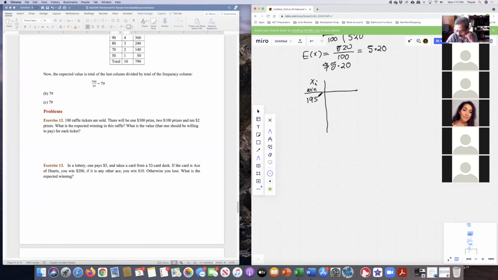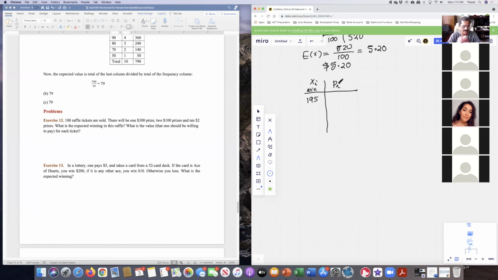So here's an example of probabilities. Okay, can somebody tell me the probability for winning the 200? 1 over 52?